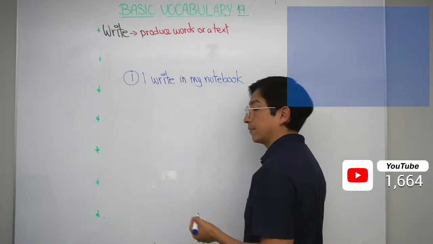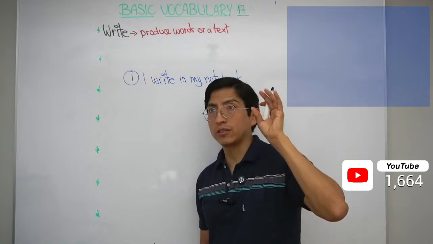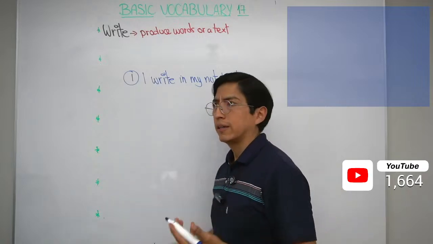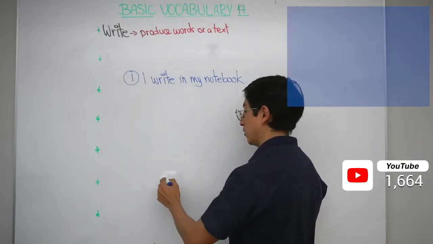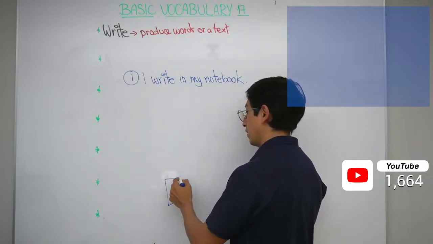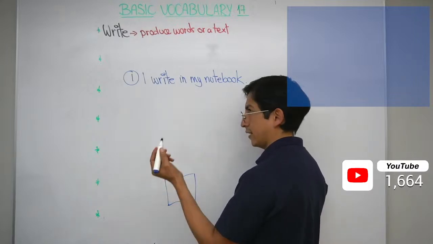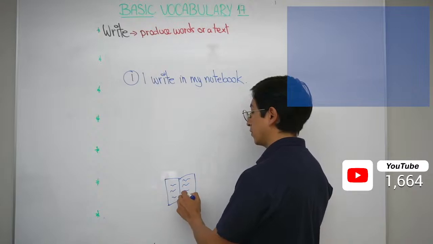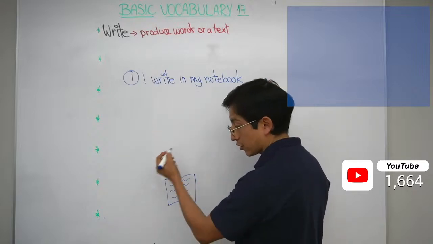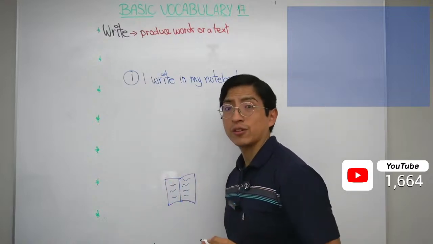Every time I have a new idea or a new solution for something, I start writing this here in my notebook. So I take a pen or a pencil and start producing words, putting the text. This action that I'm doing is to write. That is the first meaning.